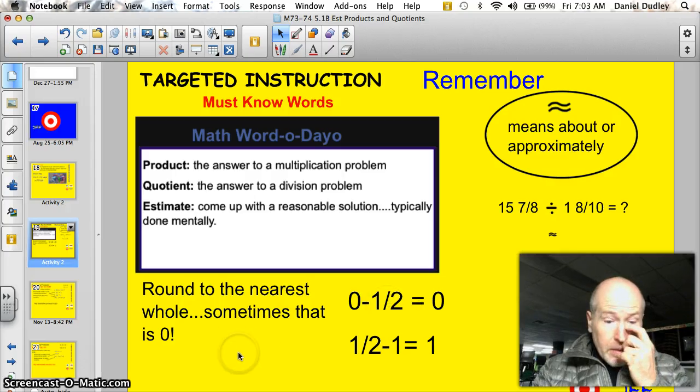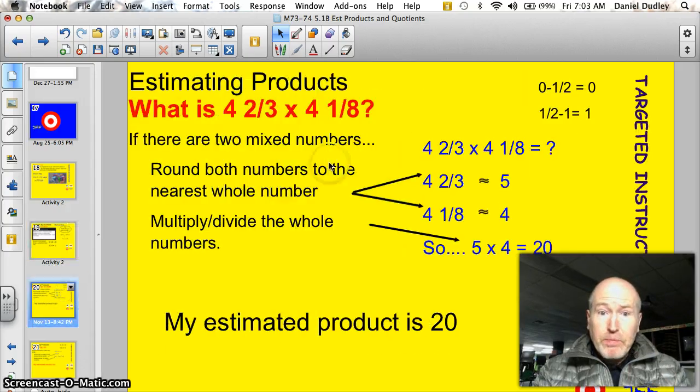All right, let's try a couple of examples here. What is 4 2/3 times 4 1/8? Just like we did with sums and differences, we're going to round both numbers here because we have two mixed numbers. This time we're rounding to the whole number, so it's a little bit easier. So 4 2/3. Well, 2/3 is bigger than a half, so I'm just going to call this 5. 4 1/8.